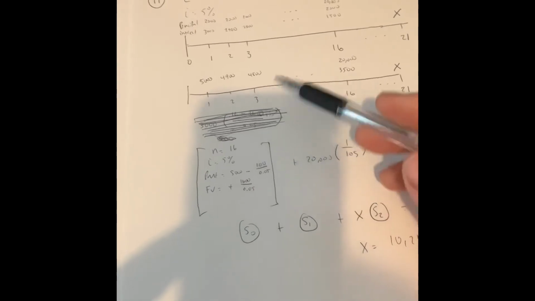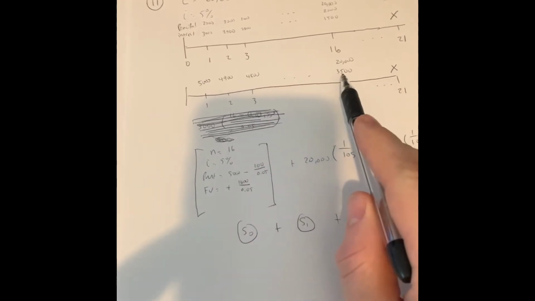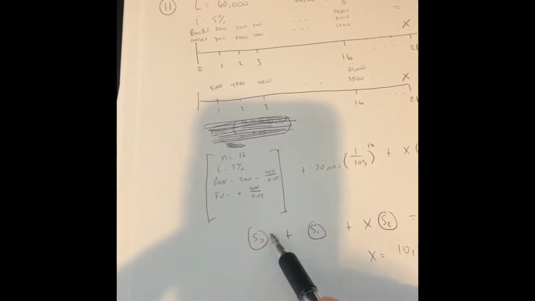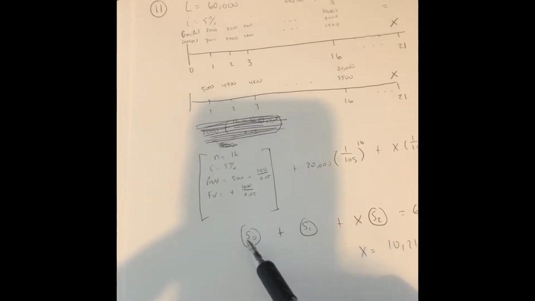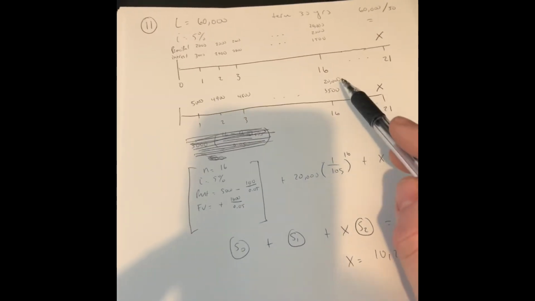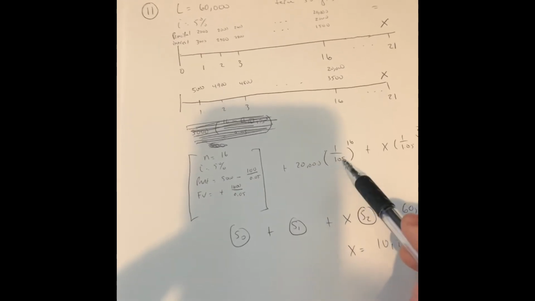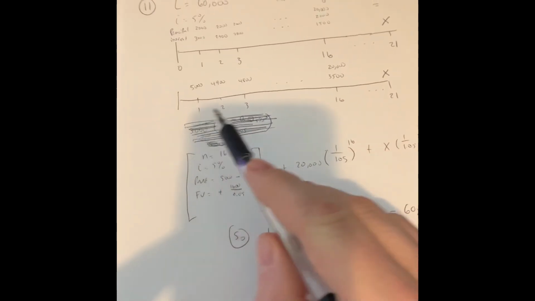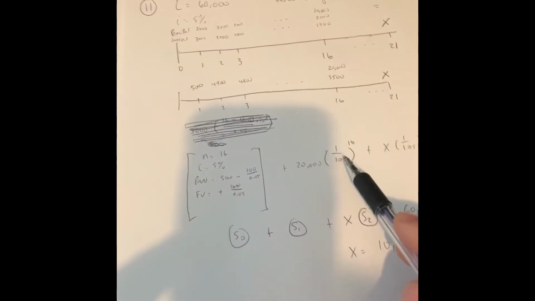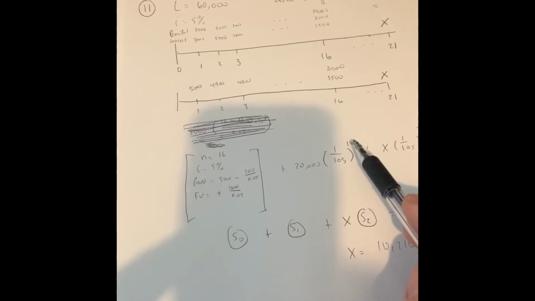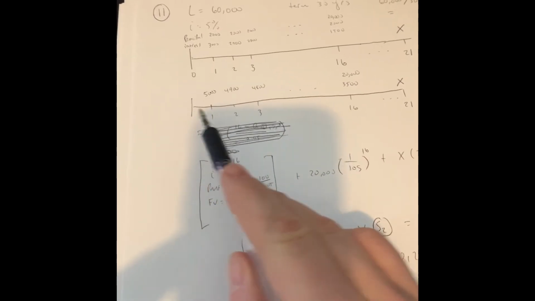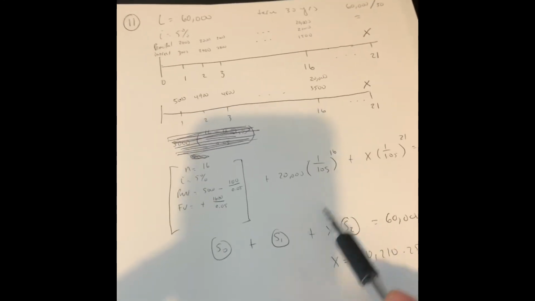We get the present value of this decreasing annuity, and I stored that value here. I discounted this $20,000 back to time 0, so I multiplied it by the discount factor raised to 16 years, which brings it back here. I stored that value in 1.